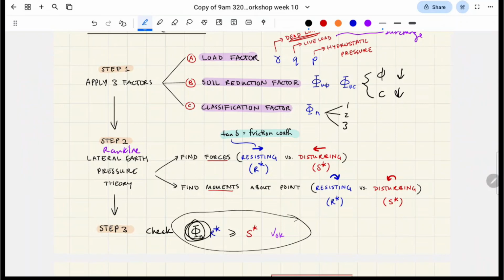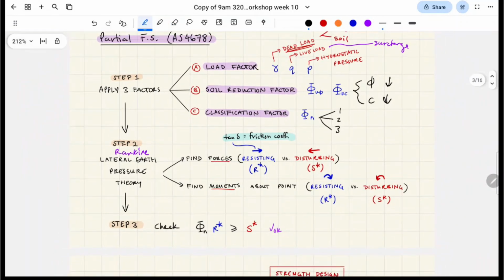As you can see, we're going to use the classification factor at the very end. We're just going to either exaggerate or under-exaggerate whatever we get for our resistance by that factor. And then we check, tick OK. If it passes, you want the resistance to be greater than the disturbing forces or moments. Okay, does that make sense?